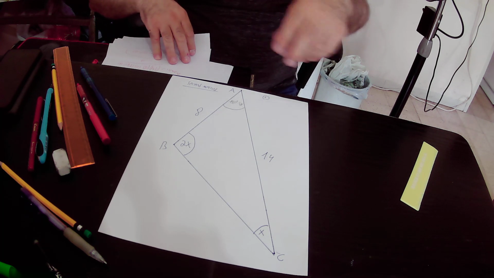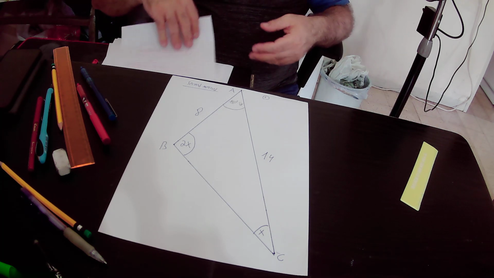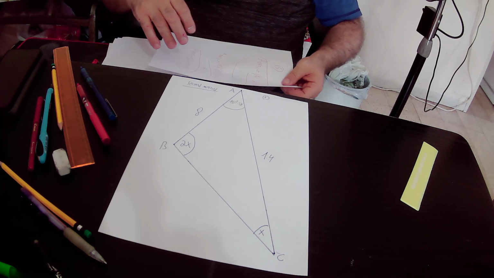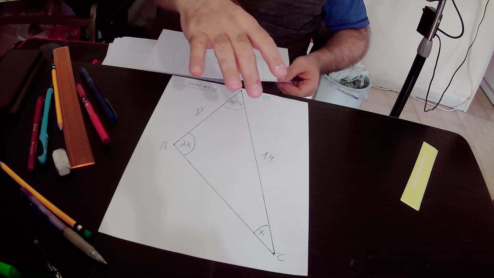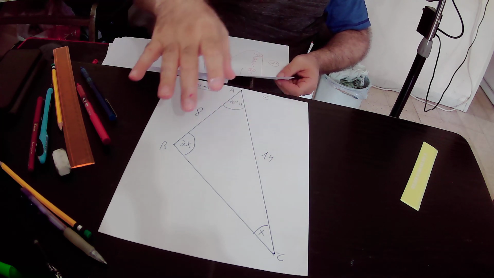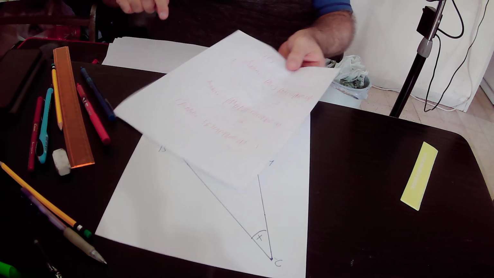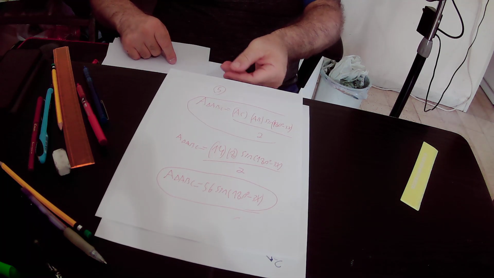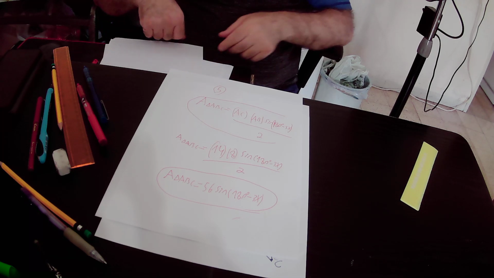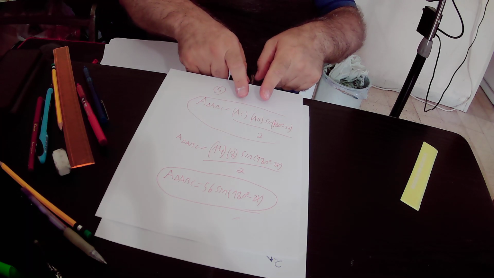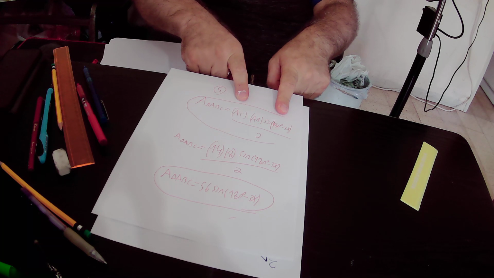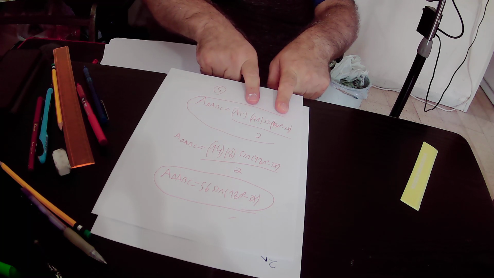According to the formula, rule number 4 that I mentioned, the area of this triangle ABC will be equal to AC times AB times sine (180 degrees minus 3x) over 2. The area of our triangle ABC equals the multiplication of its two sides times the sine of the angle between those two sides.